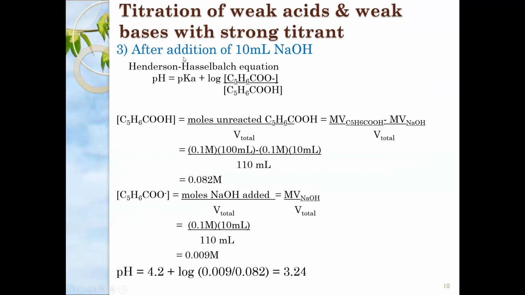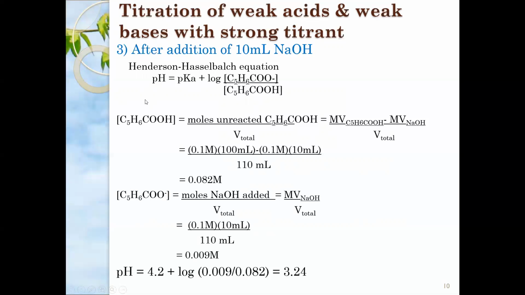The third step is after you have started titrating. When you titrate, what happens? Similar to strong acid, strong base titration, what is reduced and what is produced? You have covered this in the previous learning unit.